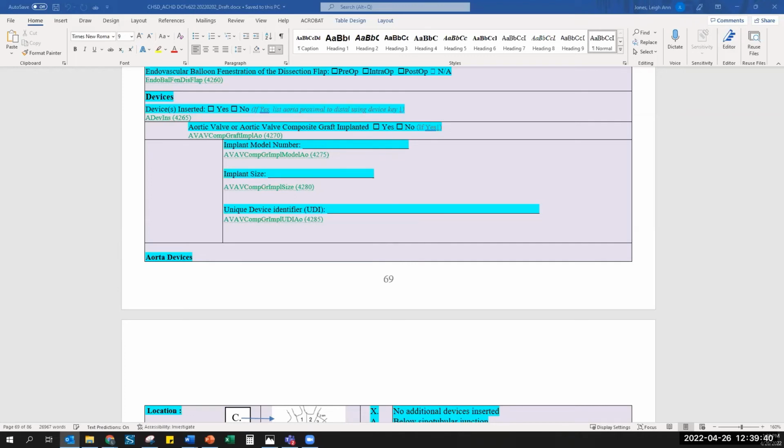These are like your Bentalls commonly. So you may have an aortic valve and then a separate graft, or you may have just a composite graft implanted. If this is a commercial valve or a commercial composite valve conduit, then you're going to pick your implant model, your implant size, and your UDI, if applicable.